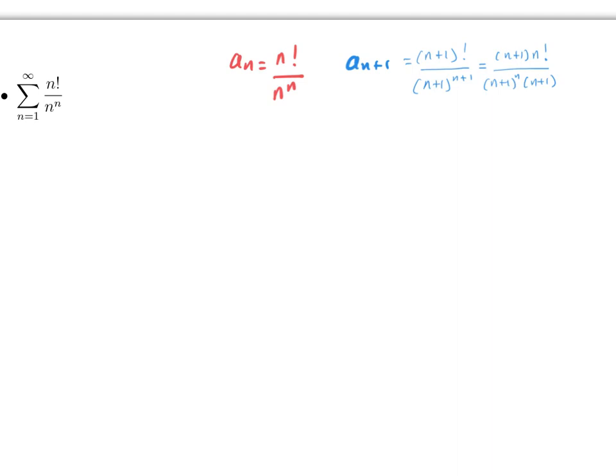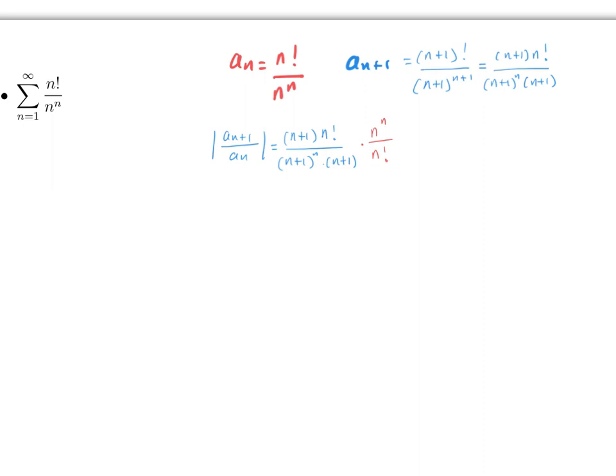So therefore, if you do the ratio of these two, this is what you end up with. So this should be n plus 1 times n factorial divided by n plus 1 to the n times n plus 1. And then, remember, since you are dividing, you multiply with the reciprocal. This will be n to the n, and this will be n factorial.